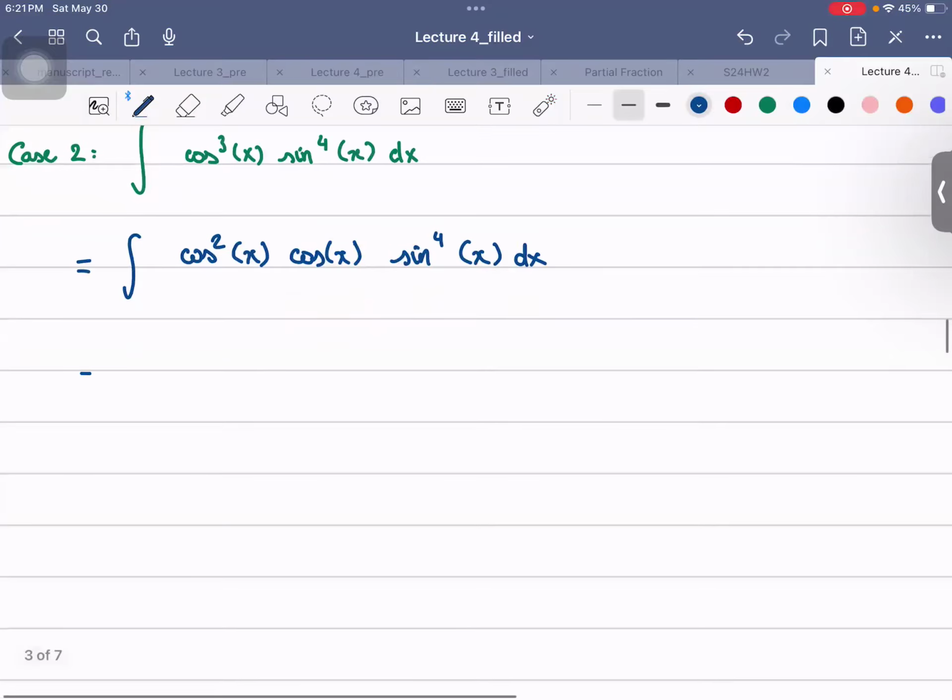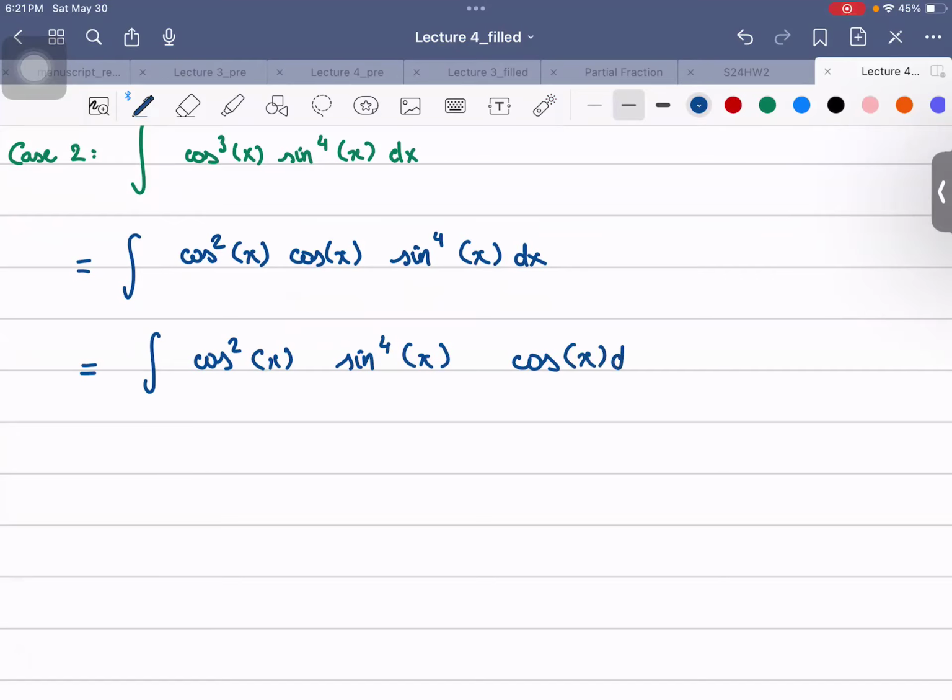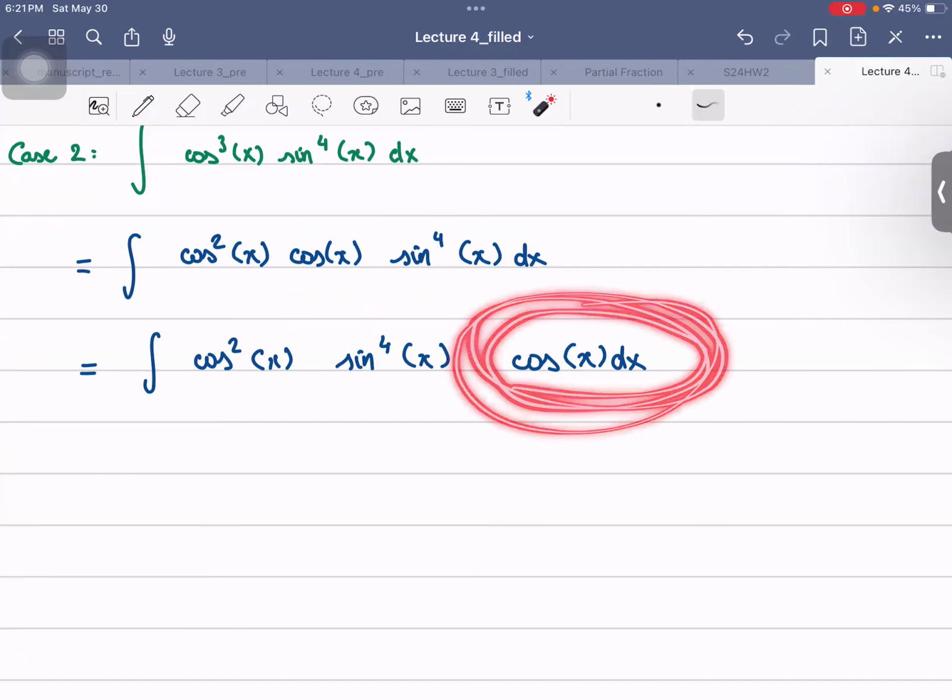So I have cosine squared of x sine to the power of 4. I just rewrite it again, but I've saved cosine of x dx, because it's going to appear when I use the u substitution.